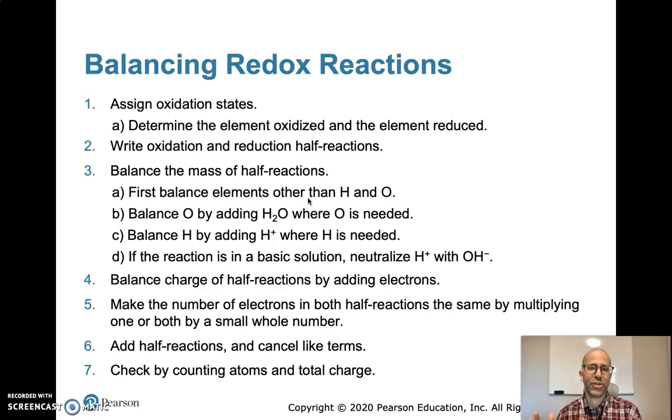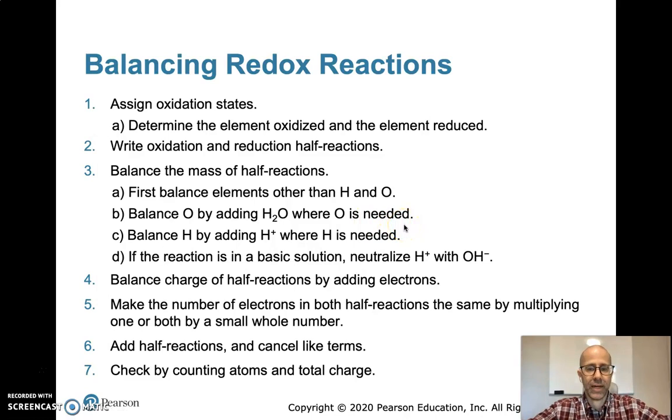When you balance your nonmetals, you usually want to balance all of your nonmetals that are not hydrogen and oxygen. So leave hydrogen and oxygen to last. When you balance your hydrogen and oxygen, you want to balance oxygen by adding water where oxygen is needed.